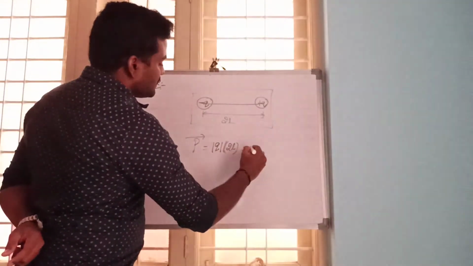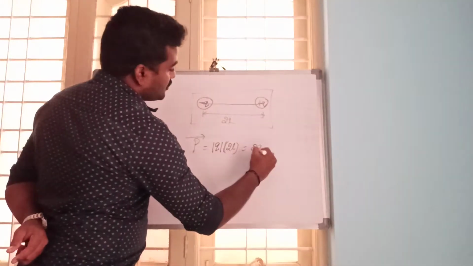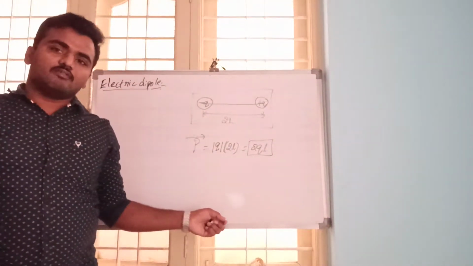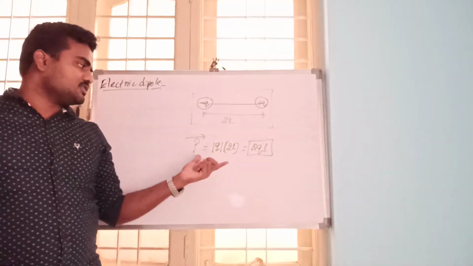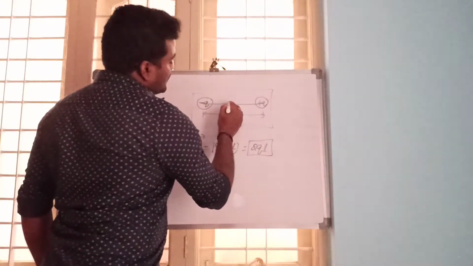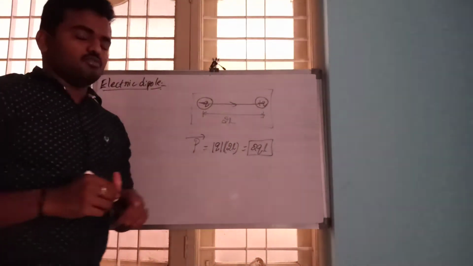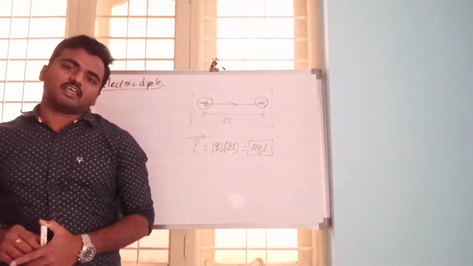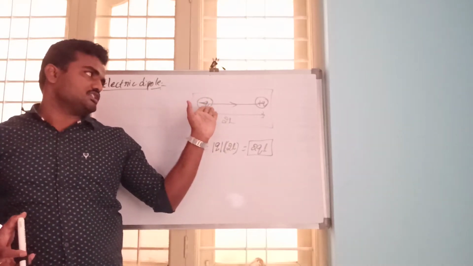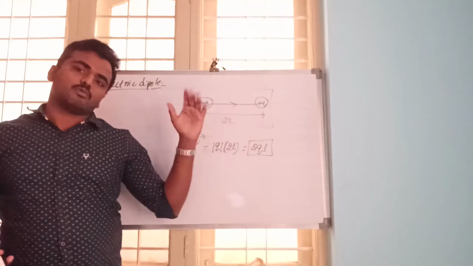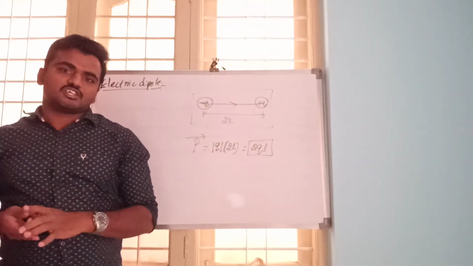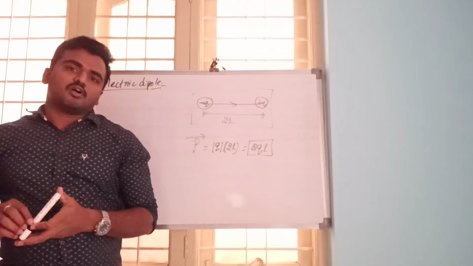So if you take 2qL, this gives the magnitude of the dipole moment, and it has a direction from negative charge to positive charge. So what is a dipole? A dipole is two equal and opposite charges separated by a small distance.